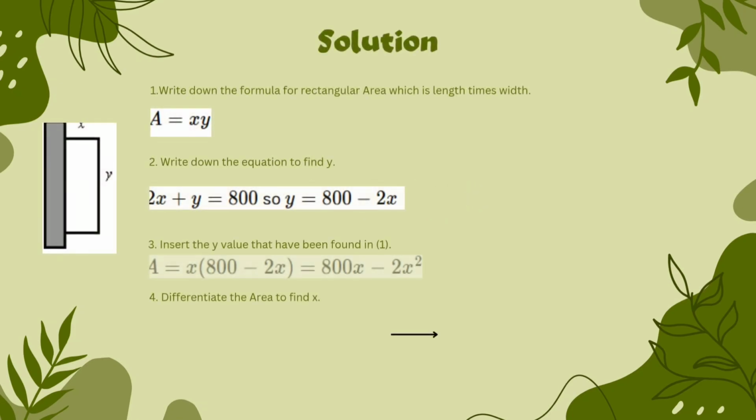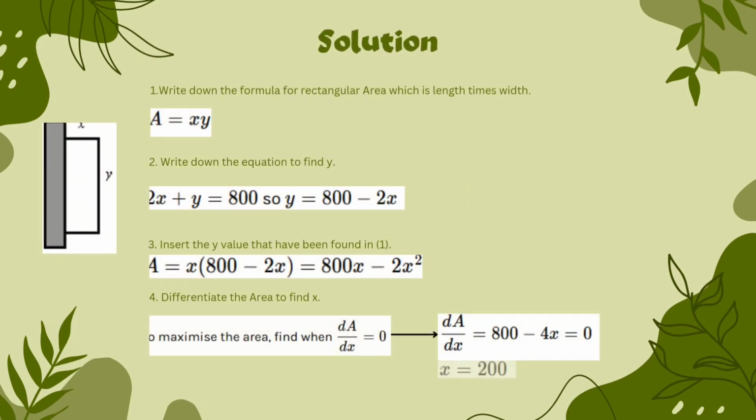Now, for the solution, the first step is to write down the formula for rectangular area, which is length times width, where the length is y and the width is x. The second step is to write down the equation to find y, which is 2x + y = 800. To find y, we move 2x to the other side, so y = 800 - 2x.